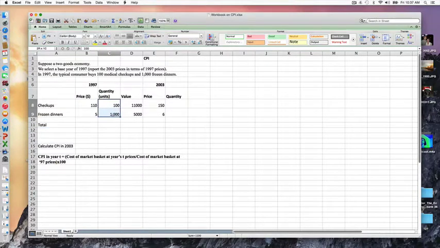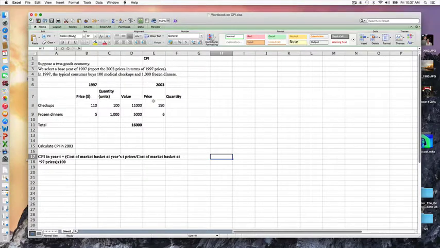And we are going to have a sum of these values over here. Sorry, the sum was supposed to be for this year's value. Okay, 16,000 it cost me to buy those two goods all year long.